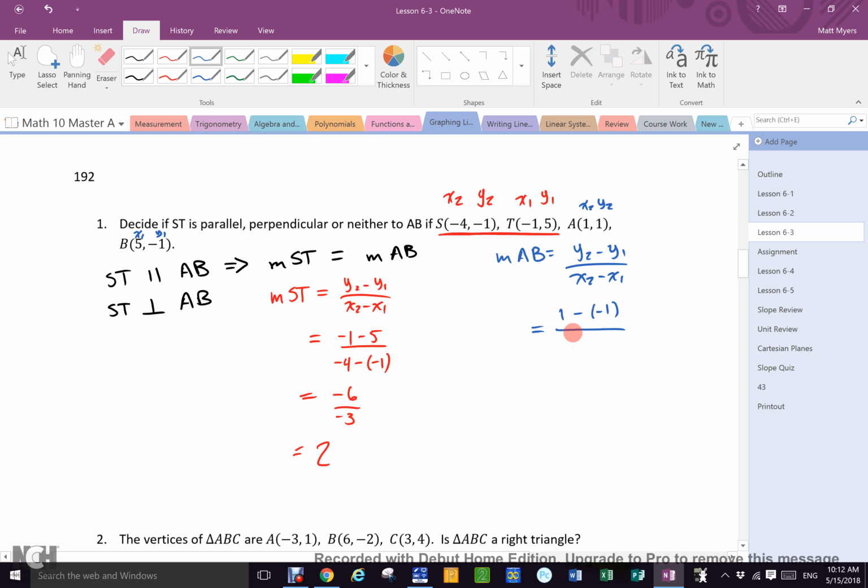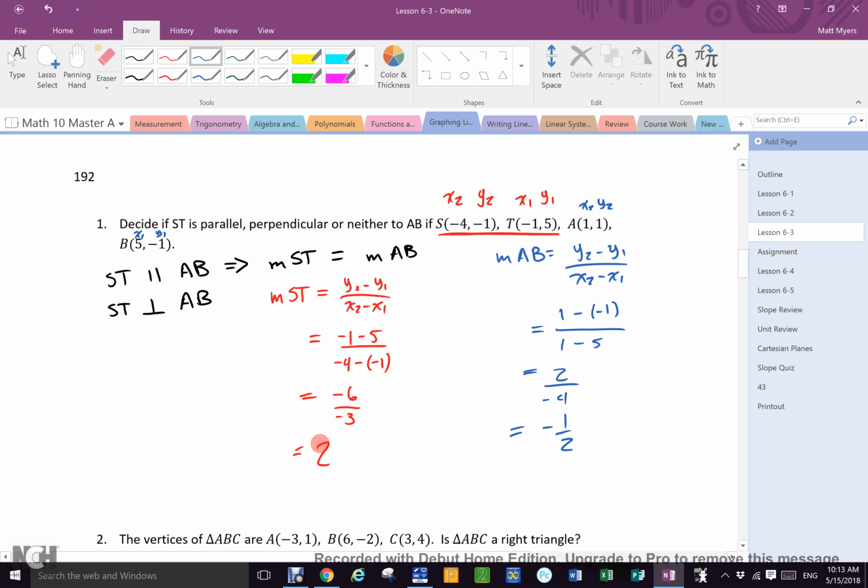Over what? 1 minus 5. What is 1 minus negative 1? 2. What is 1 minus 5? Negative 4. Can I simplify that fraction? To what? Negative 1 half. Is that an opposite reciprocal of that?